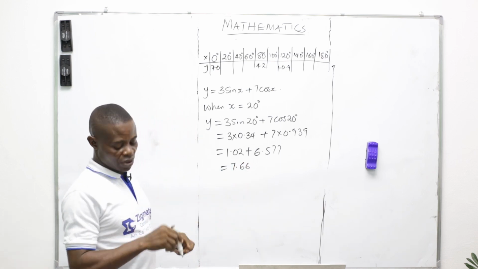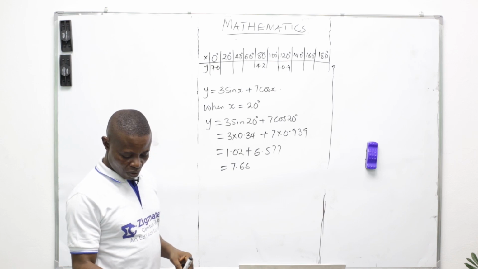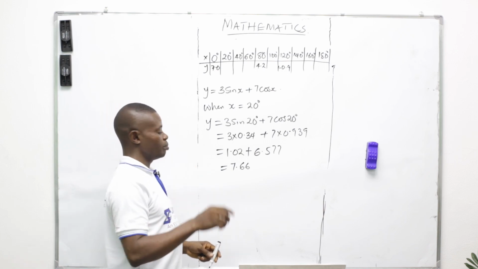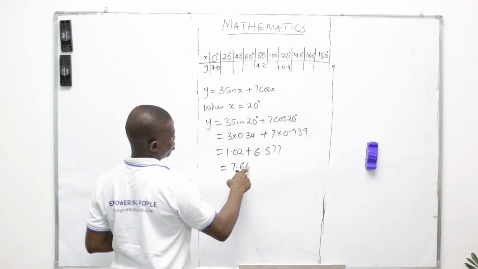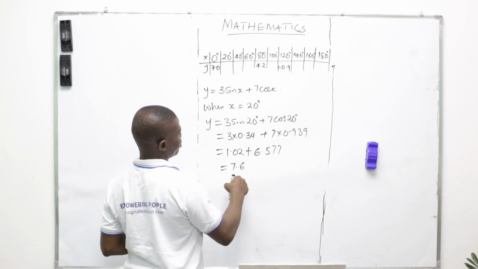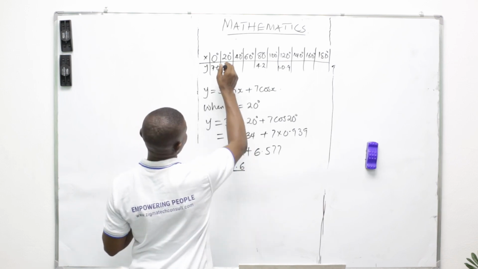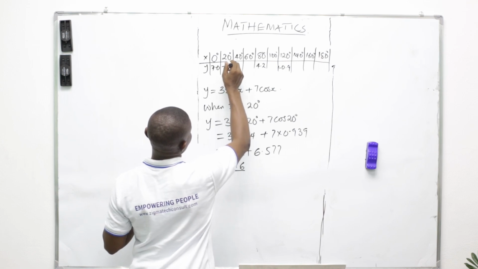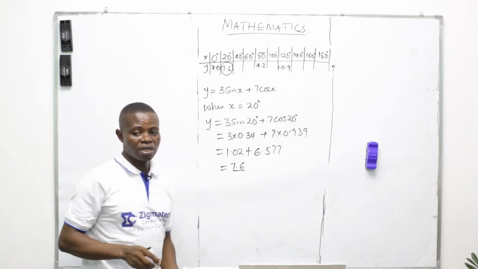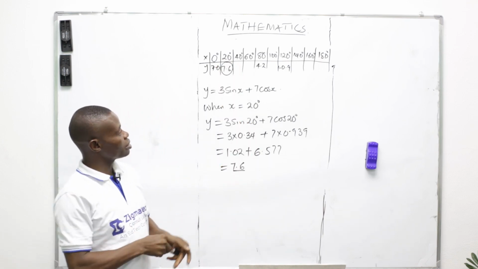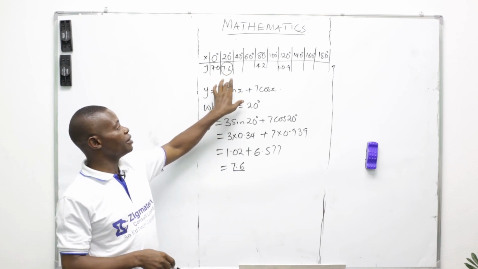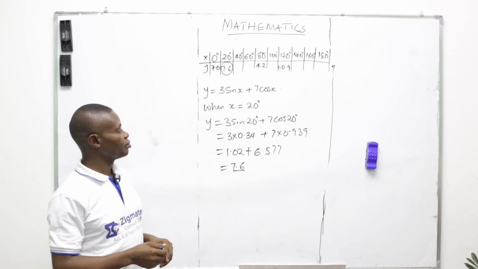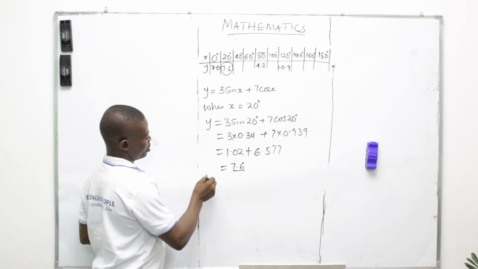But remember, they are using just one decimal place. So our answer should be 7.6. You write 7.6, then circle it so that the examiner will be aware that this is the particular thing you are solving.